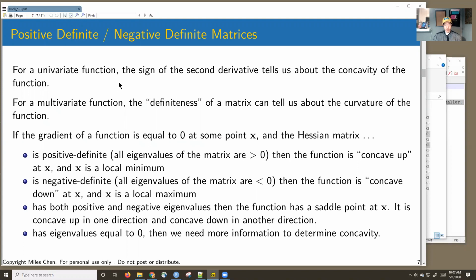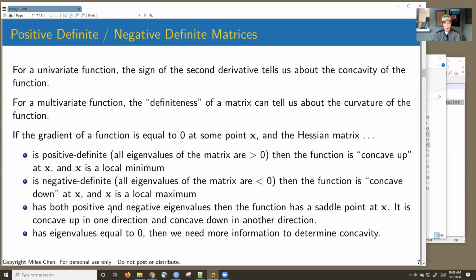Like the second derivative of a univariate function, the sign will tell us whether it is concave up or concave down. You have something similar with the Hessian matrix. If the Hessian matrix is positive definite, then the function is concave up, and x is the local min. If the Hessian matrix is negative definite, then it's concave down, and the point at x would be a local max.